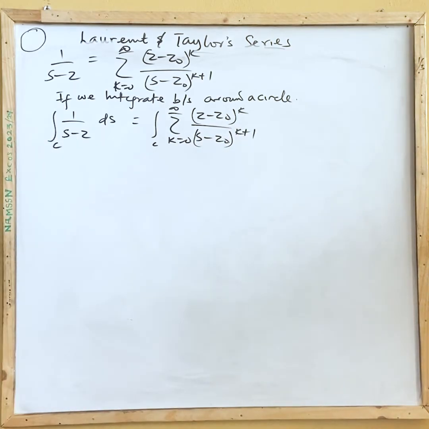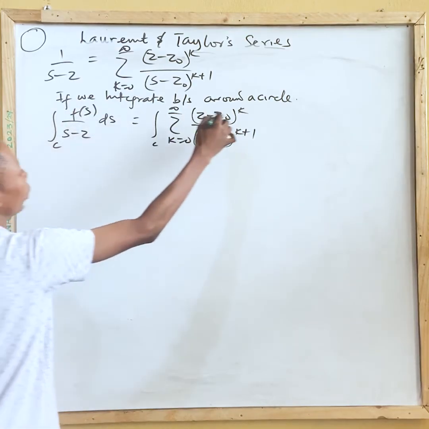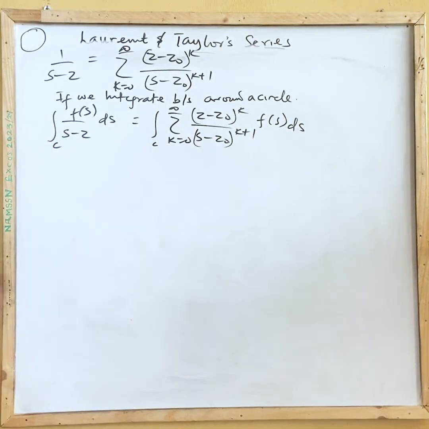And then we multiply by f of s. If I multiply both sides by f of s, I'm going to integrate with respect to s, both sides.